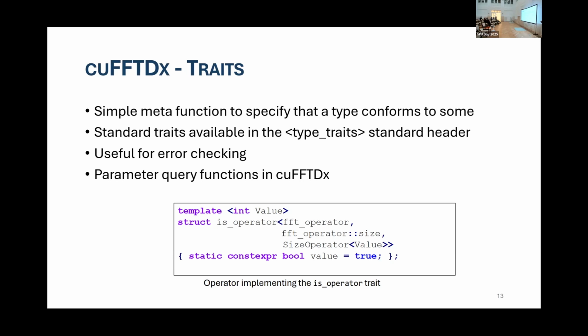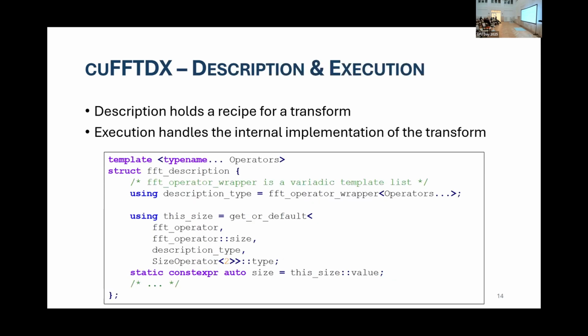It is basically a function. It takes the operator's type, i.e. which element of the alphabet we are looking for, and the type itself, which is the operator, and it's used here. Now, this is basically the entire configuration of a transform.